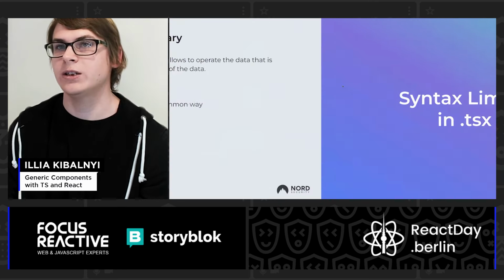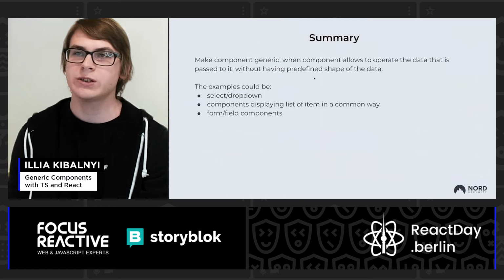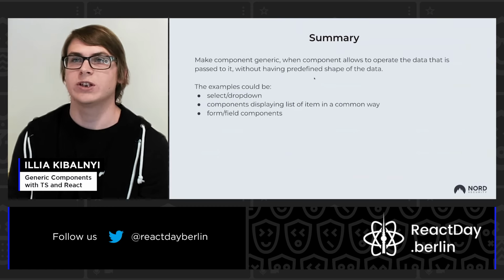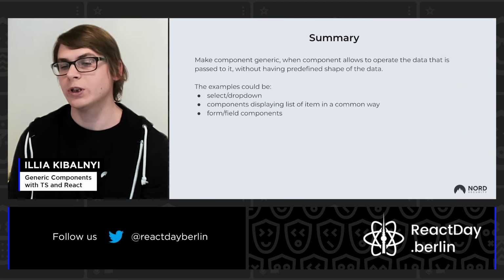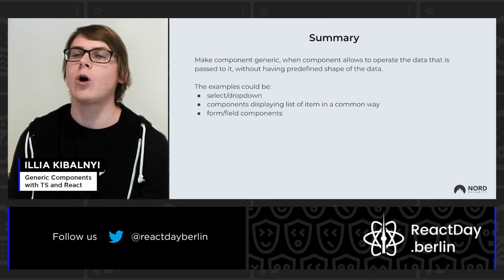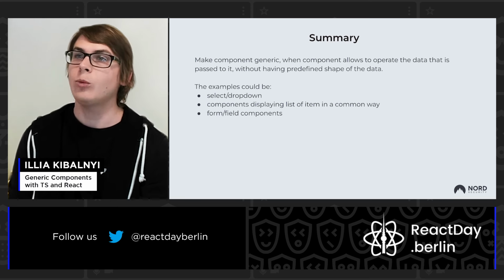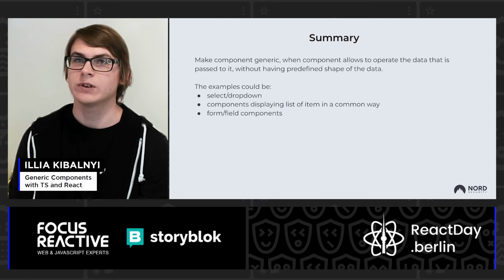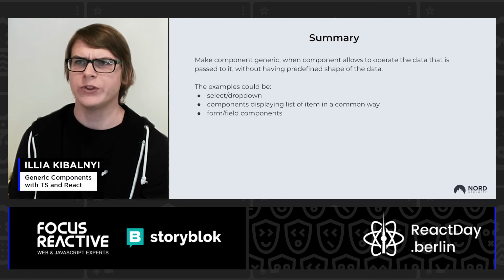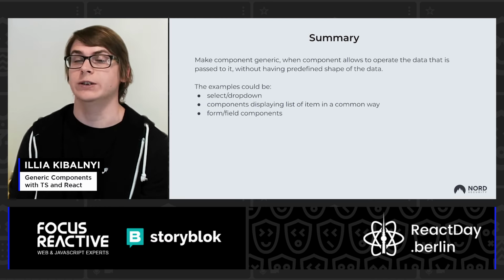Great. And then, a small summary. What are generics? You can make components generic when a component operates on the data that is passed to it without having a predefined shape of the data.